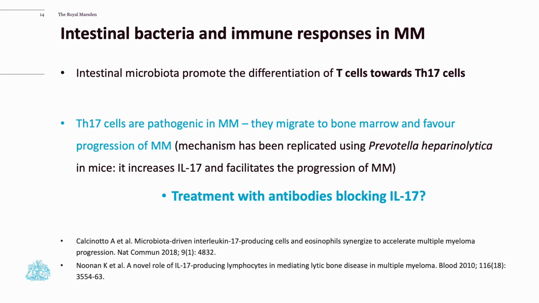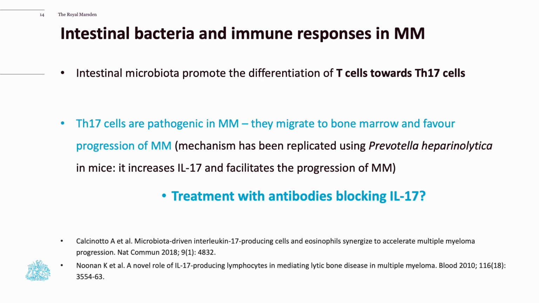Now, different differentiation can happen. There are, for example, some bacteria which stimulate the lymphocytes into T helper 17 cells, that can produce interleukin 17, which can lead to the progression of multiple myeloma.